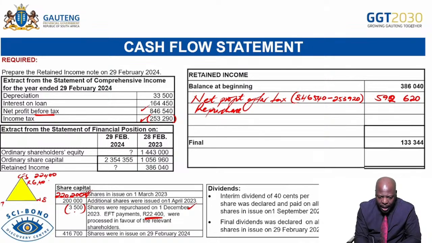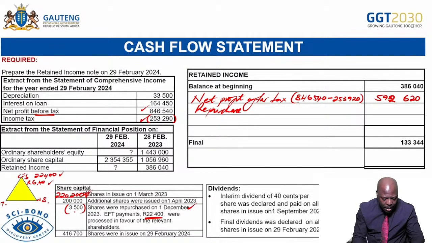Okay, so I have two aspects here. And then now I need to get the average price or the amount that was paid, which is above or more. I am told here that at the end there was 416,700 shares at the end.